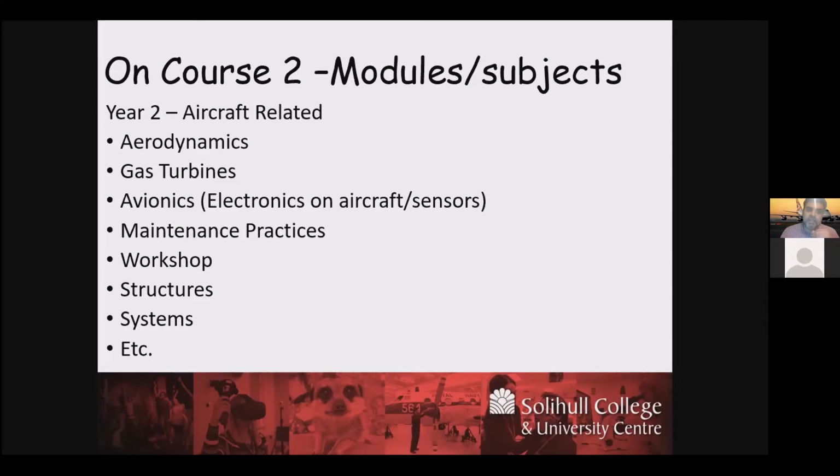Avionics, which are electrics or electronics on an aircraft, which are known as avionics. The computers, the sensors, how do they work? So we'll start from a very basic level, and we'll bring it up. We'll increase the level as the course progresses.